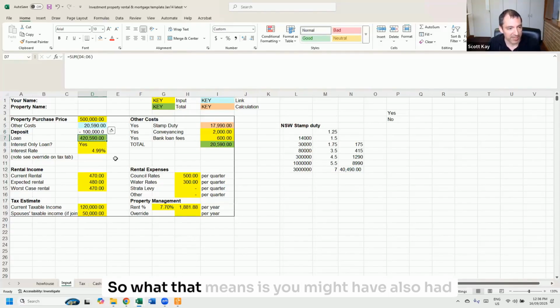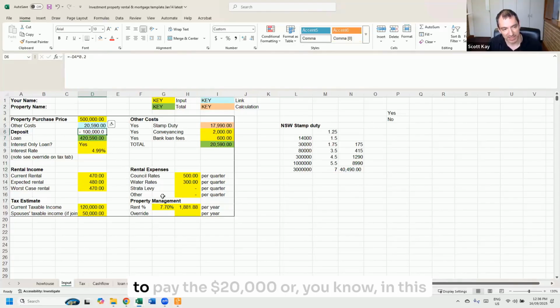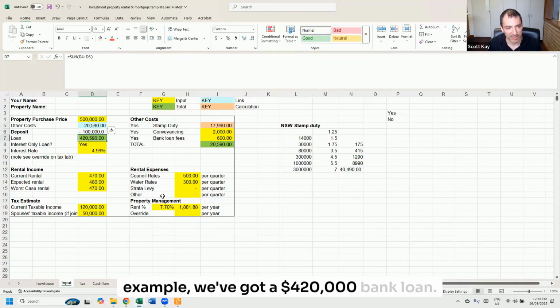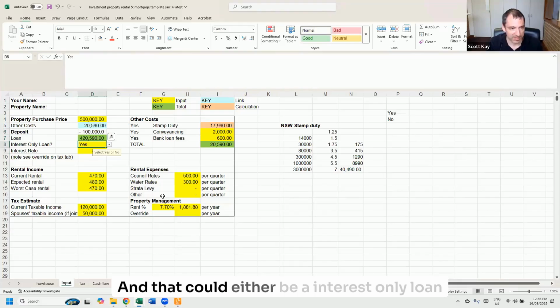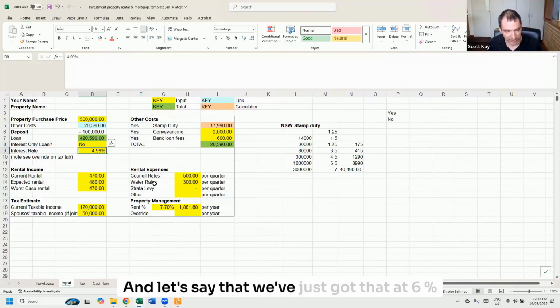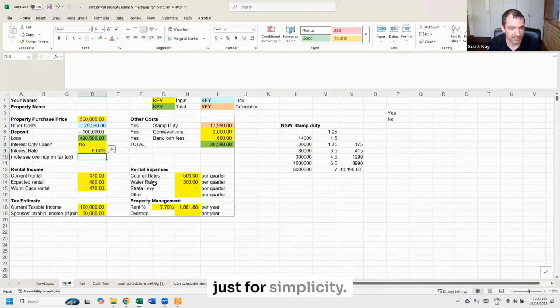So what that means is you might have also had to pay the extra costs, but in this example, we've got a $420,000 bank loan, and that could either be an interest only loan or a principal and interest loan. And let's say that we've just got that at 6% just for simplicity.